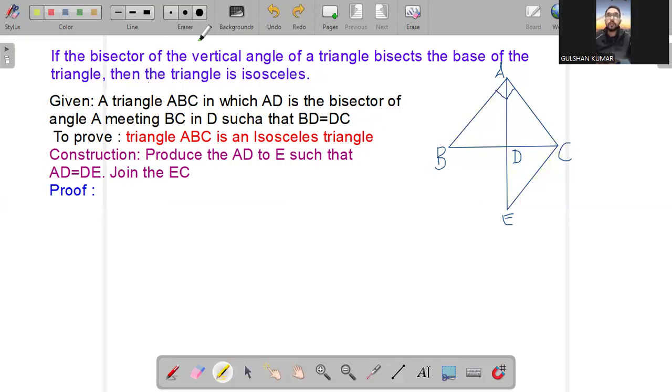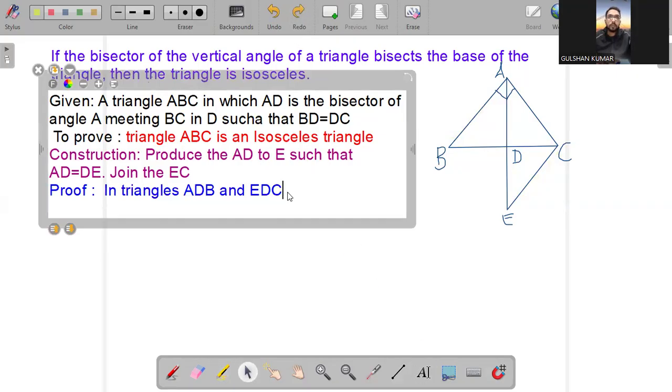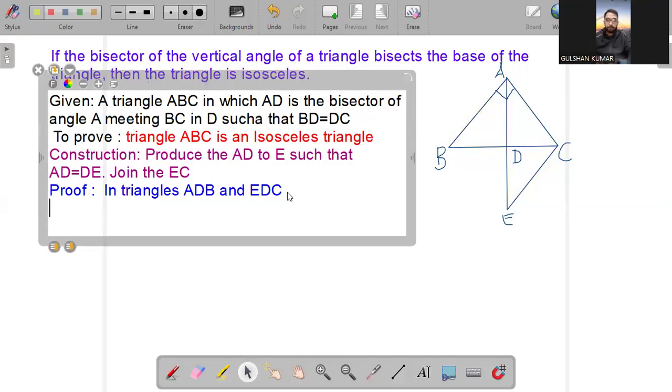We are considering both triangles here. Now we start with the proof.